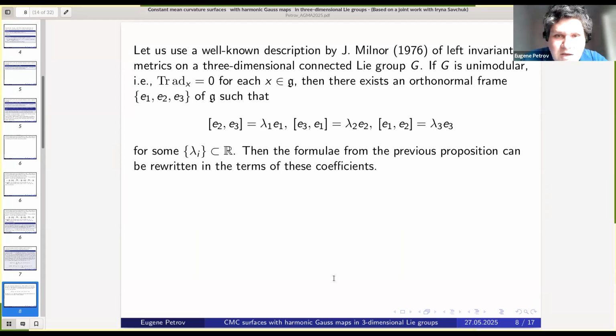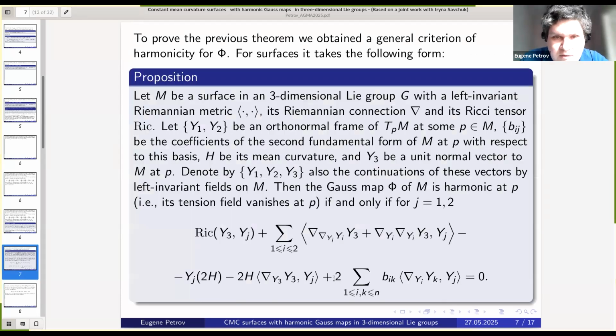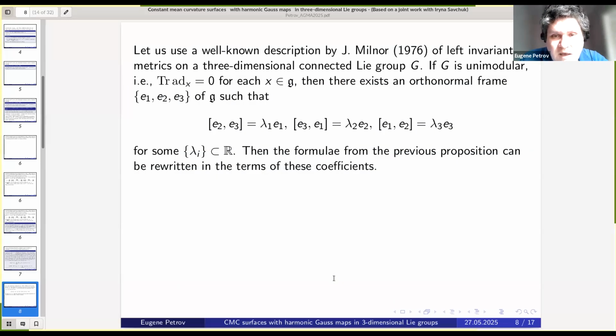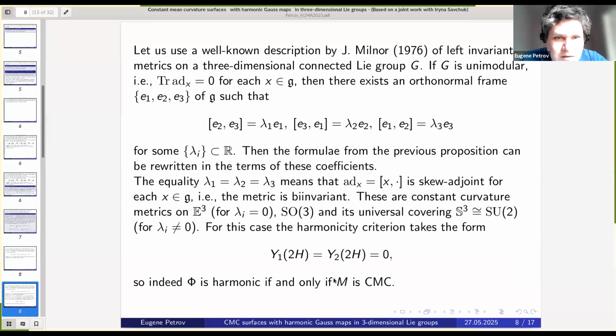And we can rewrite this criterion in terms of these coefficients. But in the general case, it's quite messy, so I will not show you this in the general form. But for some particular cases, it's prettier.